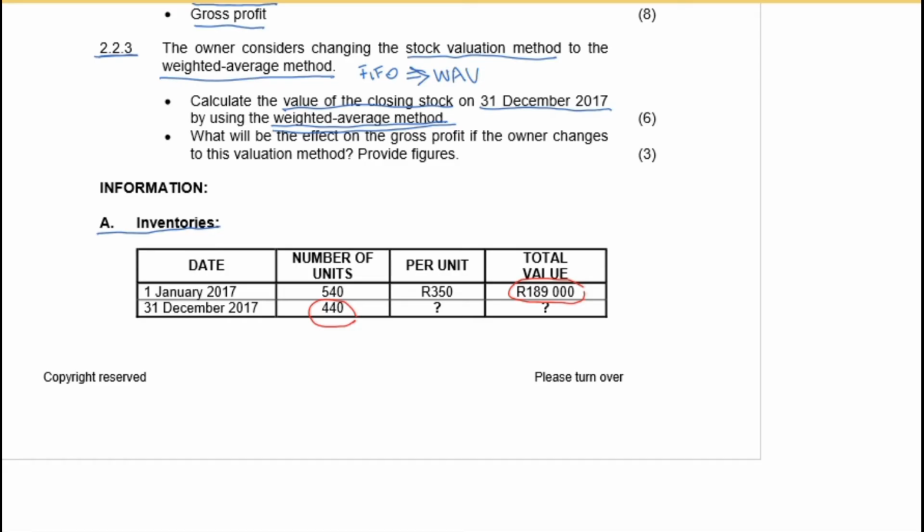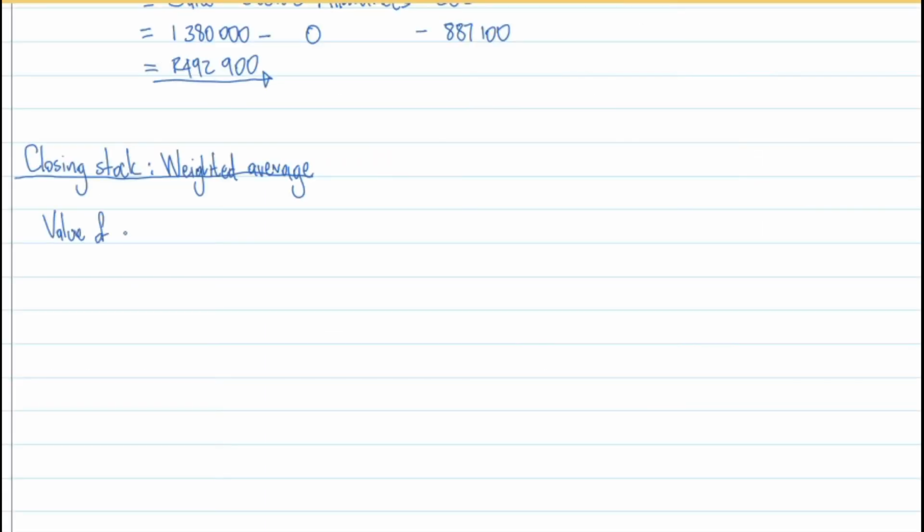When we calculate the value of the closing stock according to the weighted average method, we value each unit of closing stock at the weighted average cost price per unit. So the formula is value of closing stock is equal to closing stock units multiplied by weighted average cost price per unit.